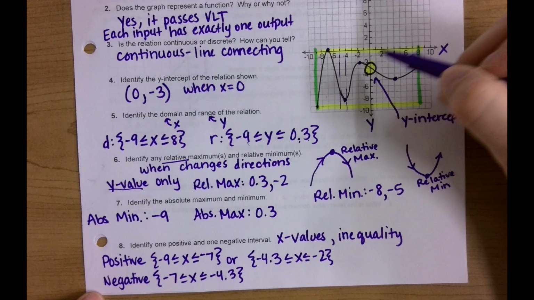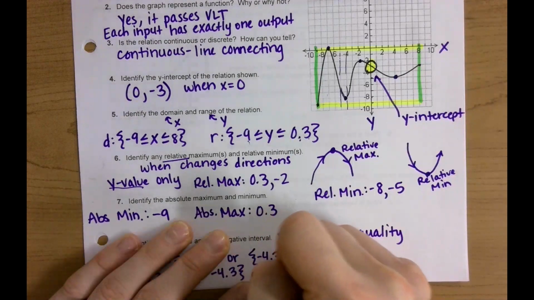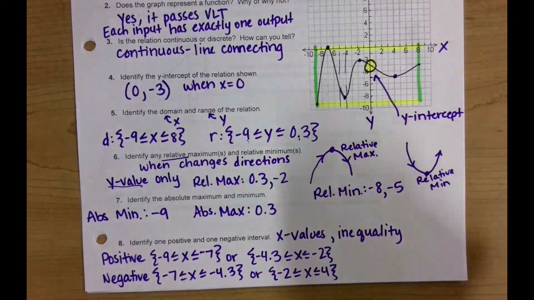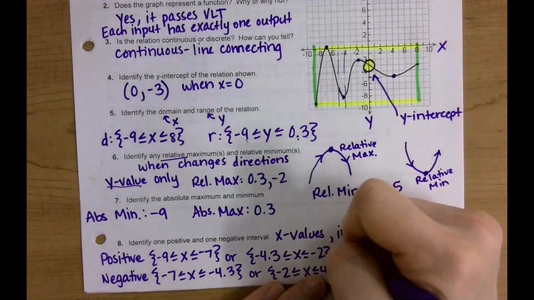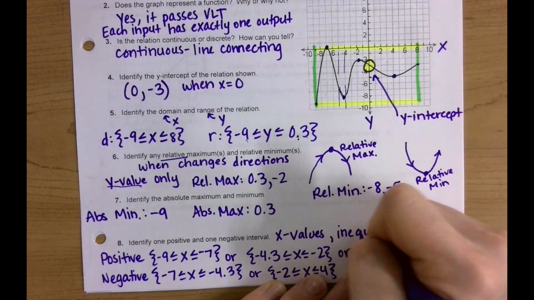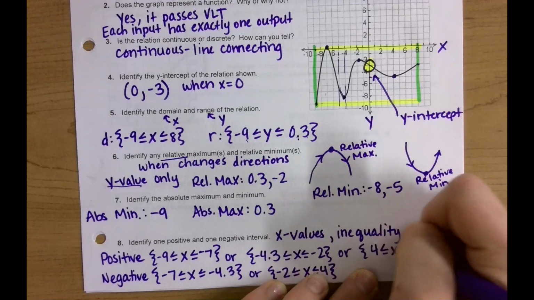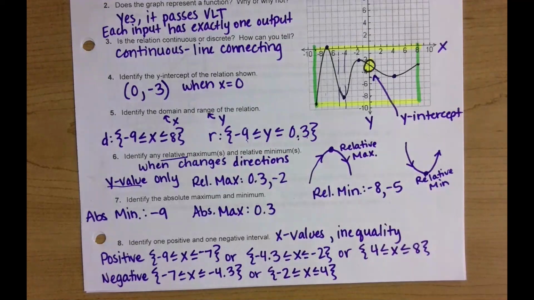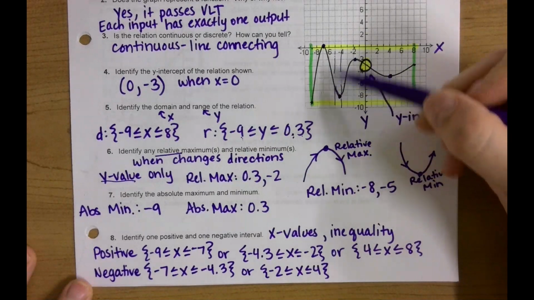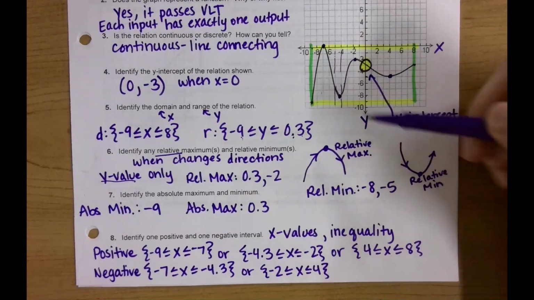And the other would be from -2 to 4. And then I just realized I missed this last point over here. That's another increasing one, so that would be from 4 to 8 on the x-axis. So be familiar with how to tell. Remember, from left to right, if it's going up, it's increasing, and from left to right, if it's going down, it's decreasing.